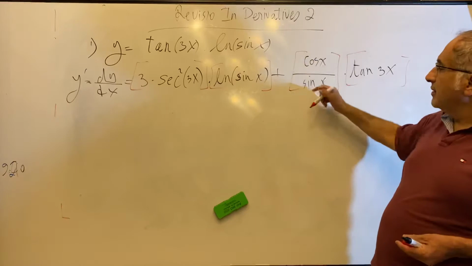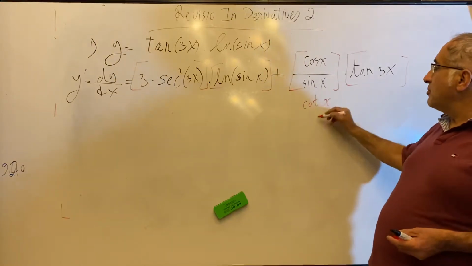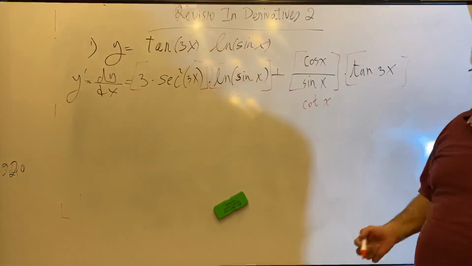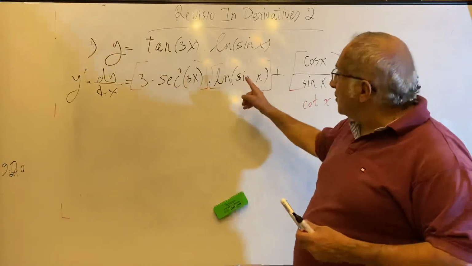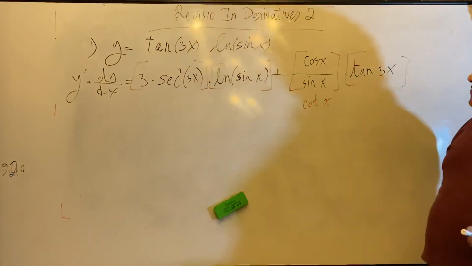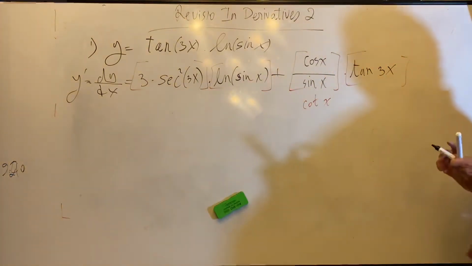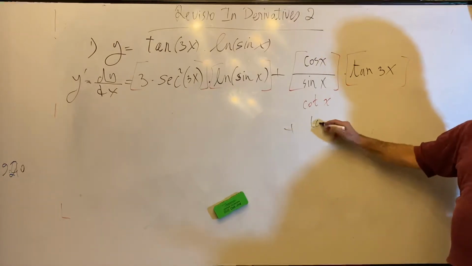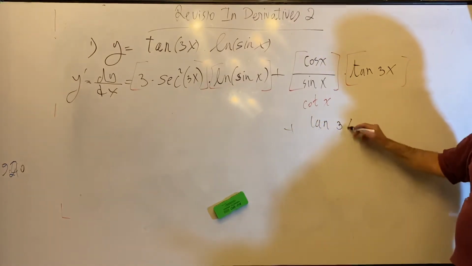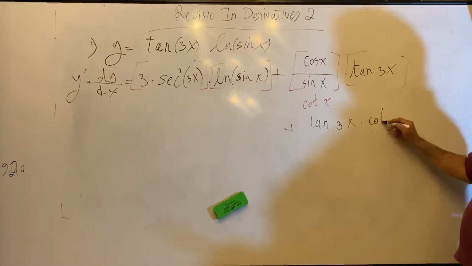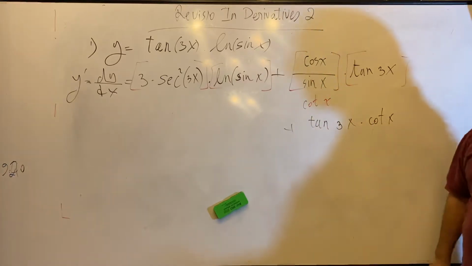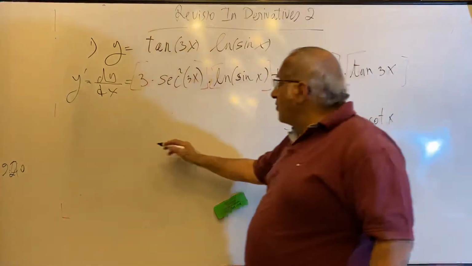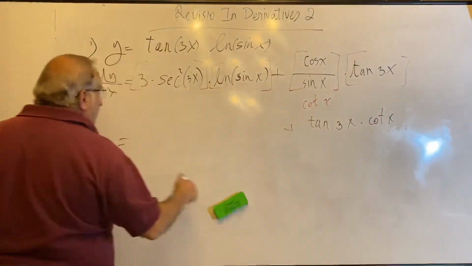Maybe this I'll call it cotangent. Maybe in the exam you see cotangent. I don't know. Maybe in the exam you'll see this before that. Maybe in the assignment you will see it like this. Plus tangent 3x times cotangent x. Or maybe this will come first. This will come here.